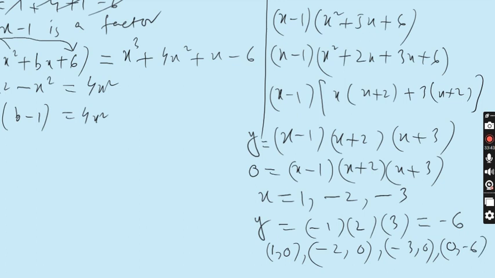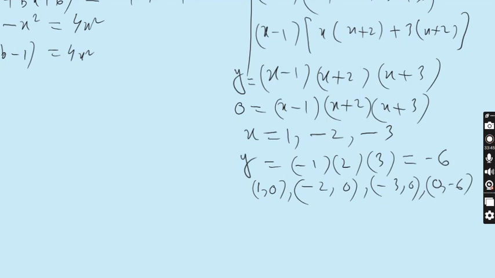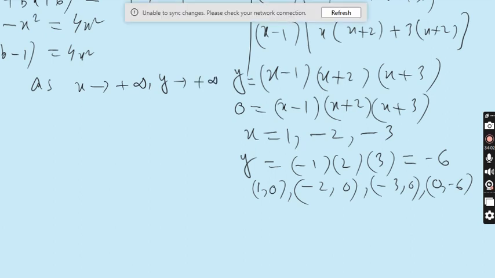Now, find the end behavior. Obviously, if you see carefully, as x goes to positive infinity, then y goes to positive infinity as well, because any positive value of x gives you any positive value of y.